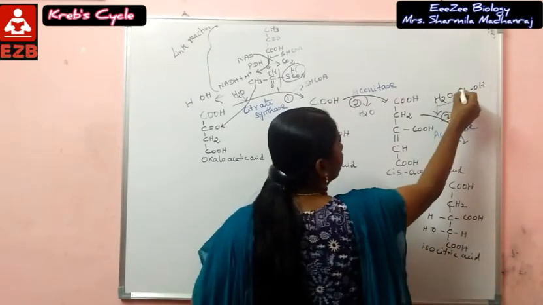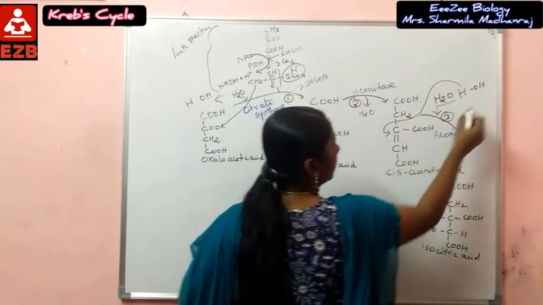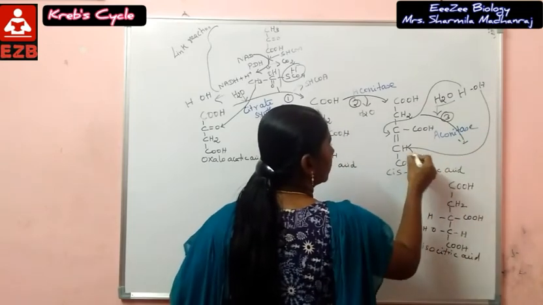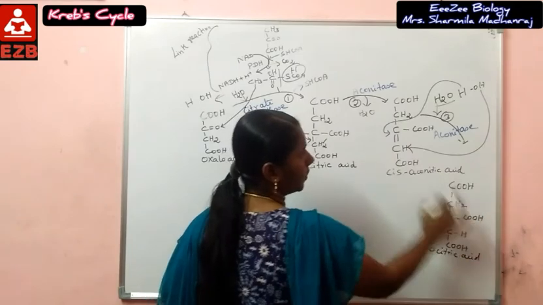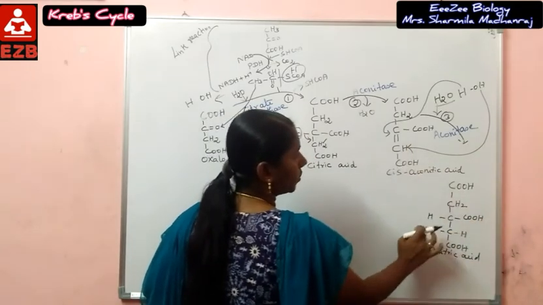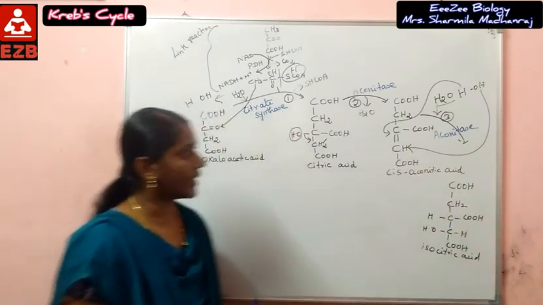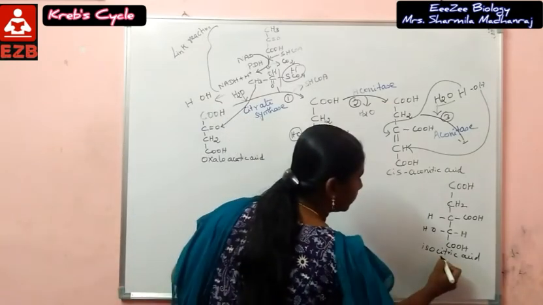The hydrogen joins to this carbon, OH is joined to this carbon. So COOH, CH2, C hydrogen COOH, C hydrogen OH. This is isocitric acid. Next, the fourth step.